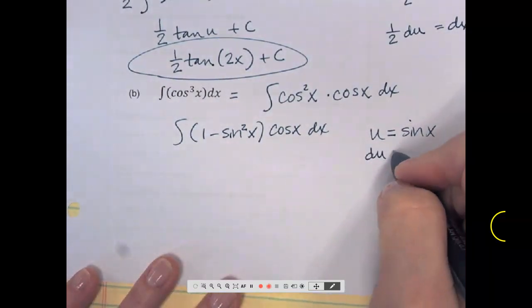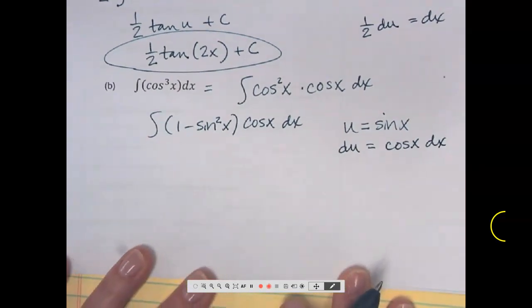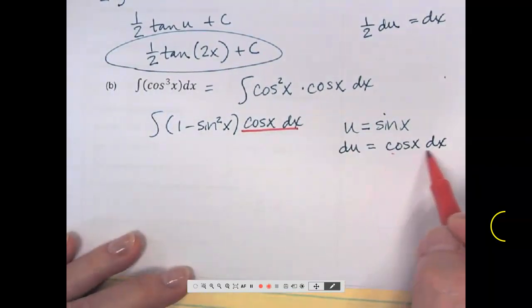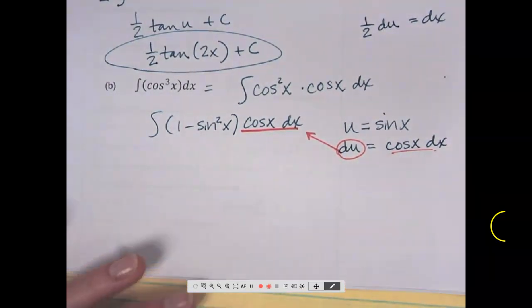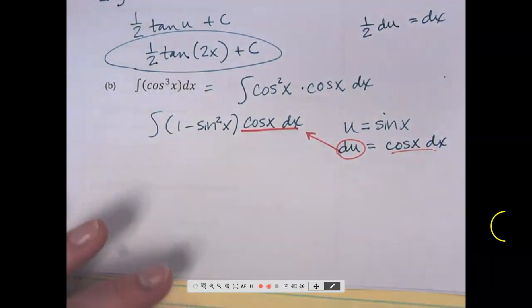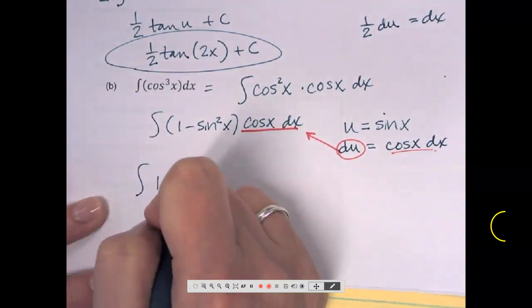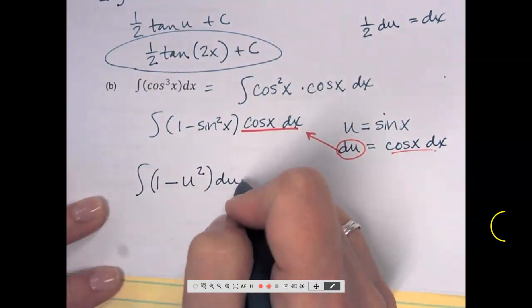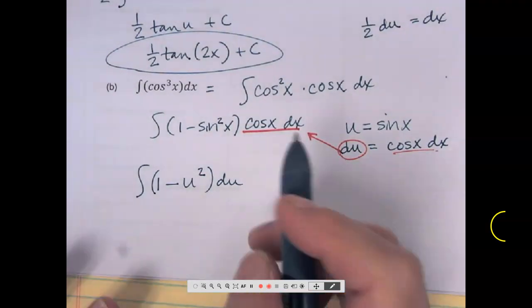Okay, du is just cosine x dx. And look, I don't have to do anything. All of that is there. So I'm going to replace cosine x dx with du. So this becomes the integral of 1 minus u squared du. Okay, I can take that antiderivative.